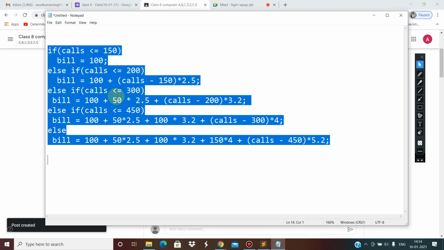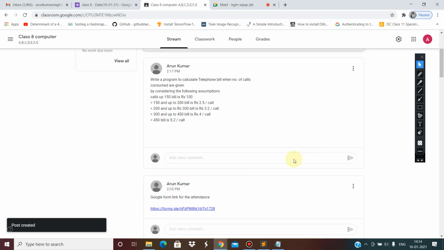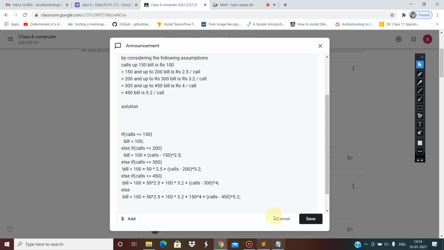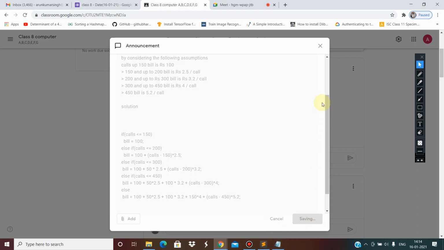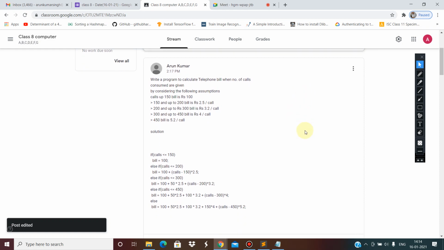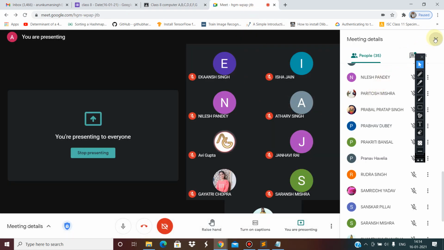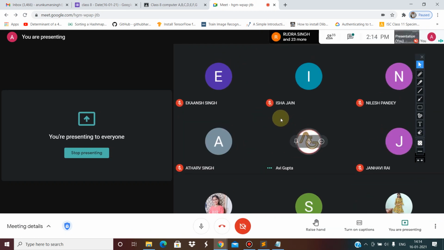I'm just editing the solution and pasting it here. So the solution is this one. I have not written the whole program, I have just written the main part. I hope you people have understood, and if not, then please tell.